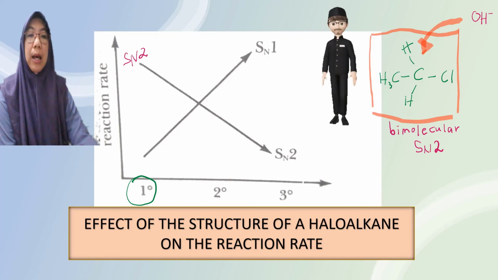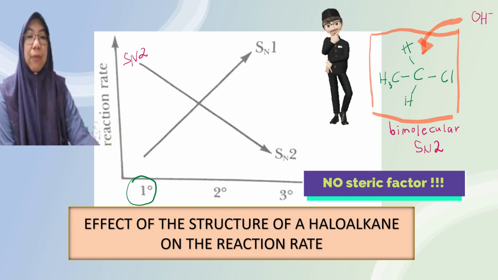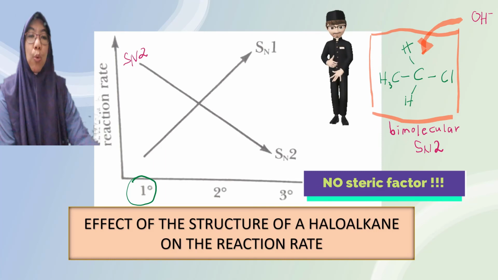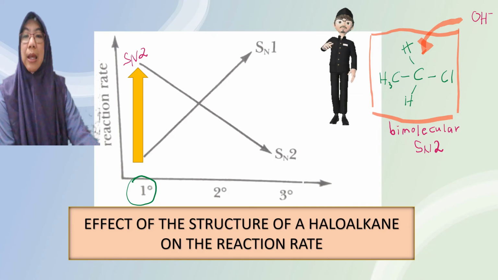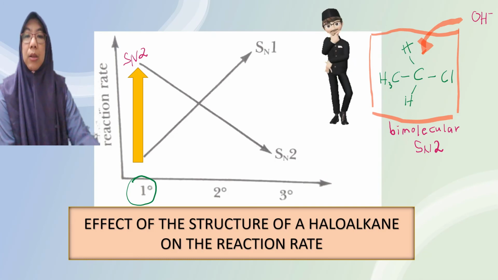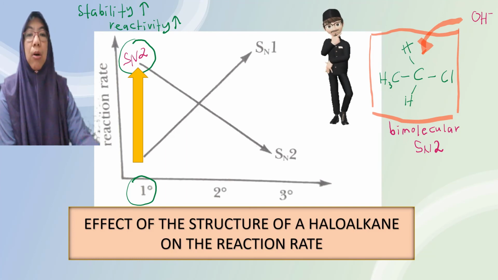There is only one alkyl group, so no steric effect, and the OH nucleophile can attack the carbon. So there is only one step. Primary haloalkane has a higher tendency to undergo SN2, with higher reactivity.